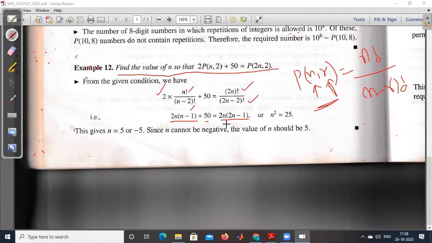After simplification we get n square equal to 25. That means n equals plus or minus 5. n should not be negative, so n equals 5. We get n equal to 5 after simplification.